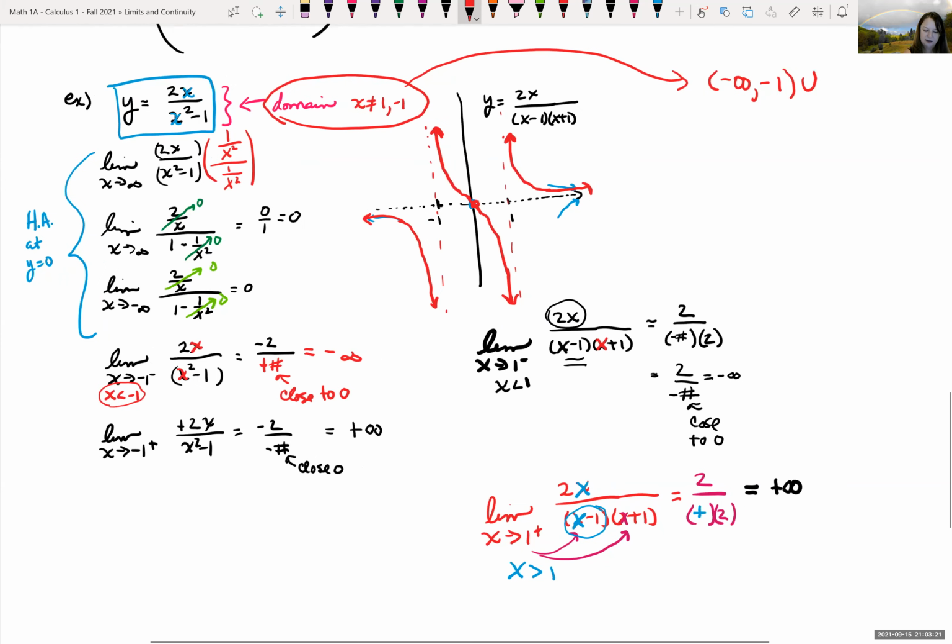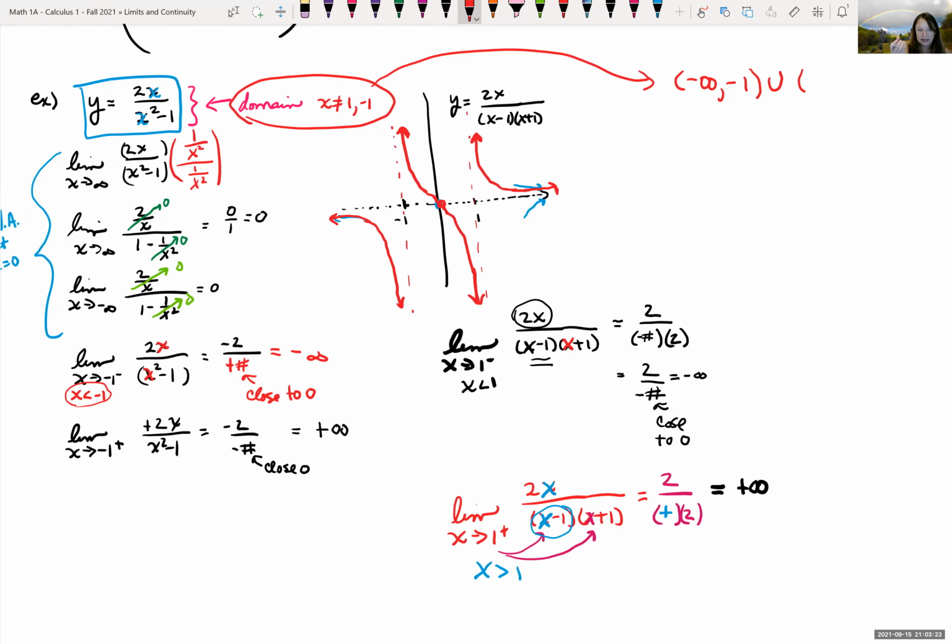Union, I have all the numbers between -1 and 1, but not including. So parenthesis, -1, comma 1, parenthesis. Union, and then I have all the numbers from 1, not including, to infinity. That was our domain.